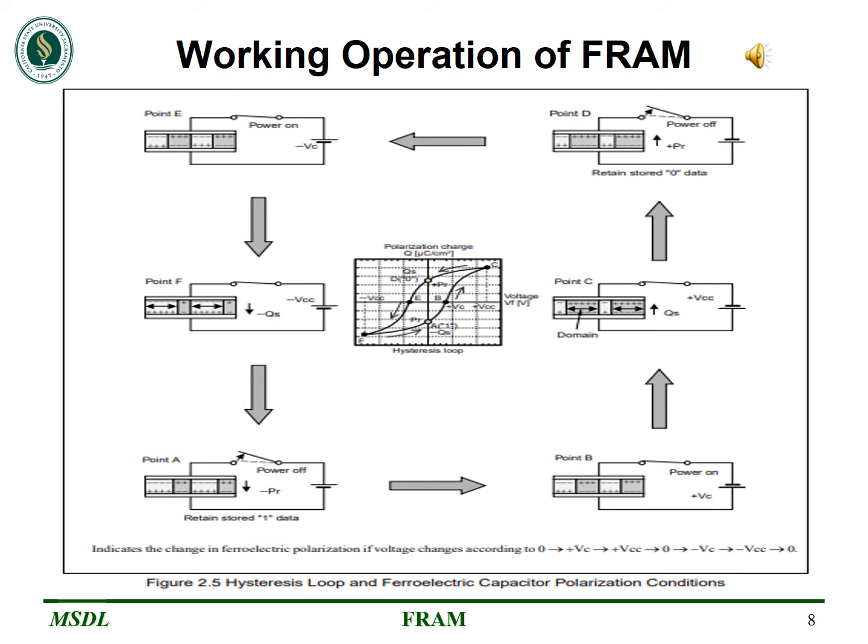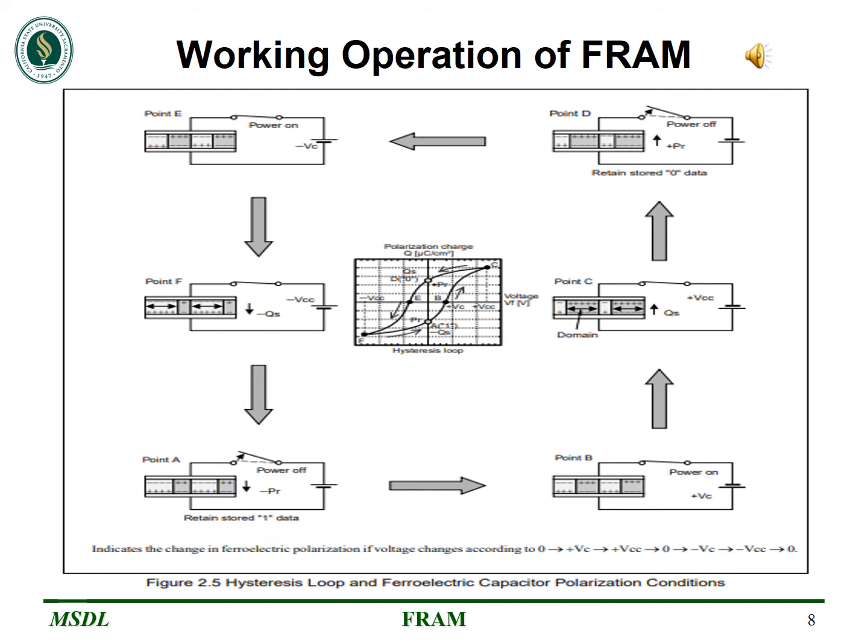Points A and D describe the polarization conditions when the applied voltage is 0. Points B and E indicate states when the applied external voltage is equal to plus or minus Vc. And the final points C and F describe the conditions when the applied external voltage is maximum.